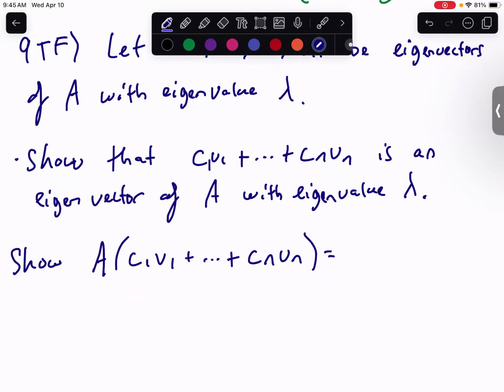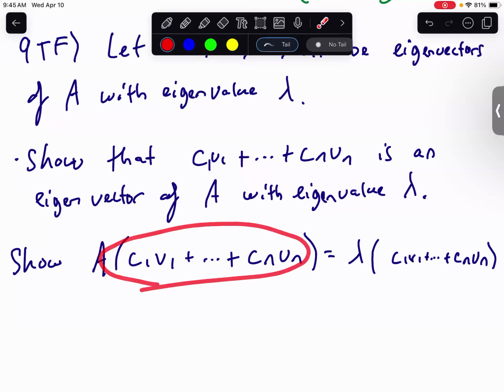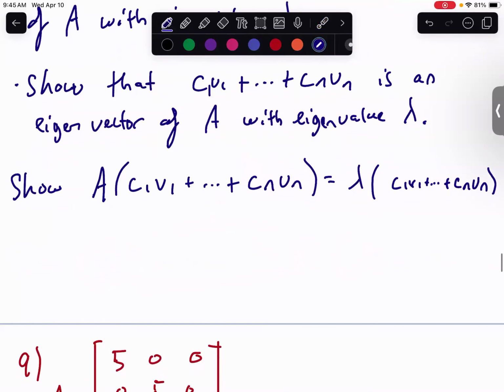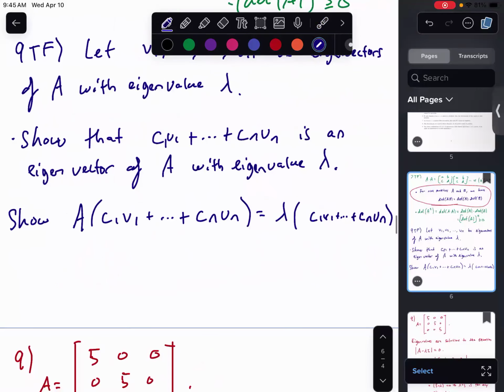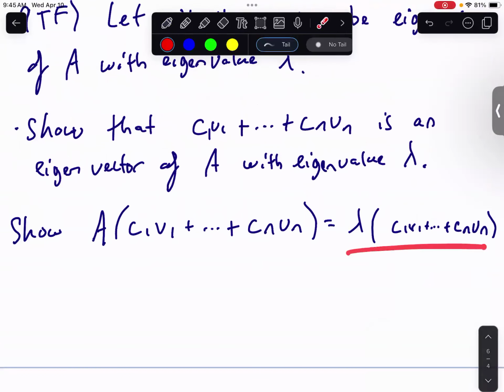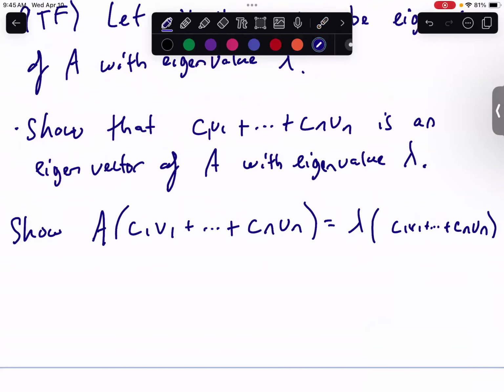We want to show that this ends up being equal to lambda multiplied by C1 V1 all the way up to Cn Vn, right? If this were the case, this vector would then be an eigenvector of A with eigenvalue lambda by definition. So we're going to investigate the left-hand side of the equality and see if we can rewrite it and turn it into the right-hand side.